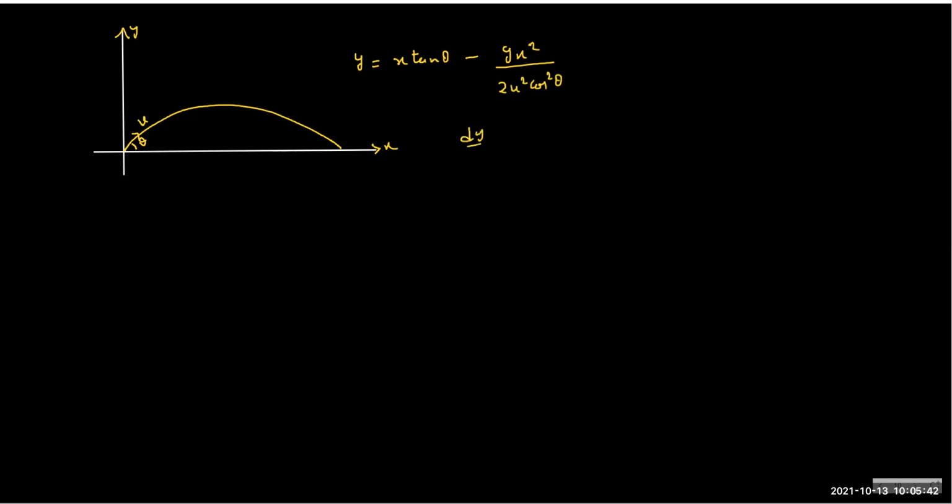So the dy by dx will be how much if you differentiate? It is tan theta minus g x upon u square cos square theta. I'll just write this in simple notation. The y double dash is how much?